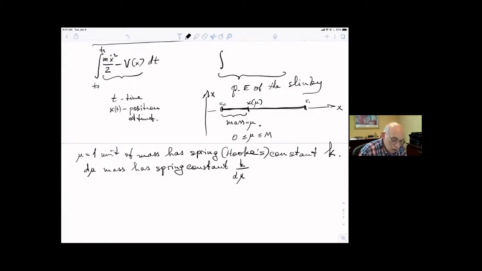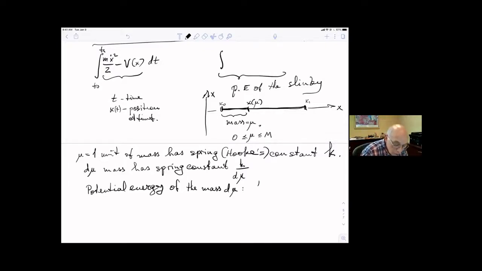Okay, so this is the spring constant. What is the potential energy of stretching the mass d mu? What's the potential energy of any spring? For any spring, it's 1/2 kx squared, right? 1/2 k times the elongation.